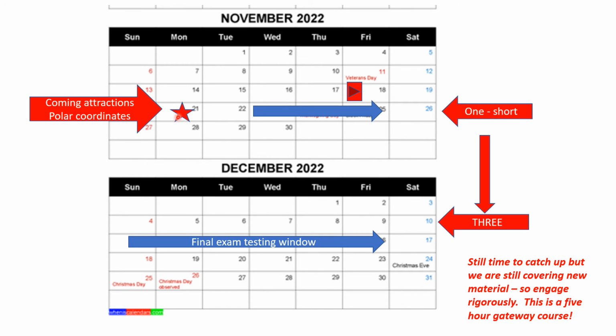Again, we'll only have class one day next week, but you can do math every day, and I will be doing math every day. So I have one short week and then 2 more, so a total of 3, but one of them is very short. And that concludes with our final exam testing window. Still time to catch up. And it is important because the final exam counts for, at a minimum, 1/3 of your grade, and given the upside opportunity, it can count for much more.